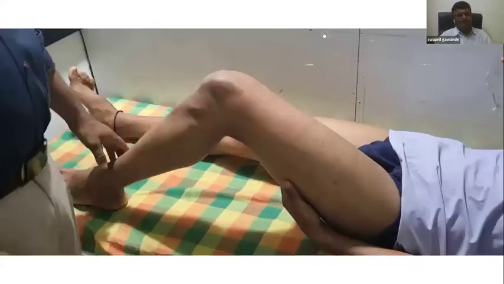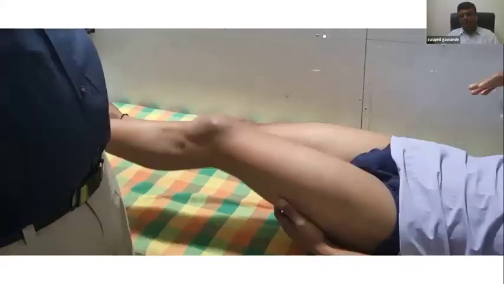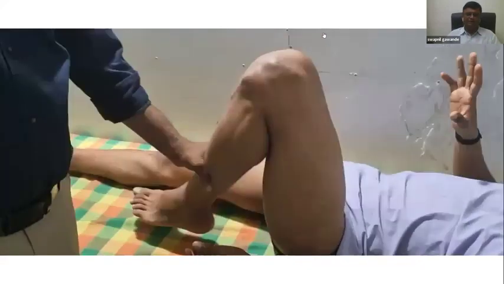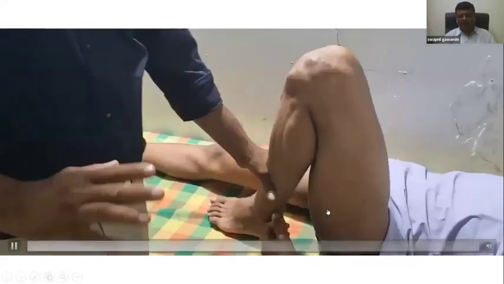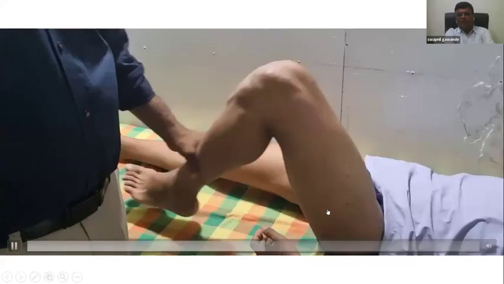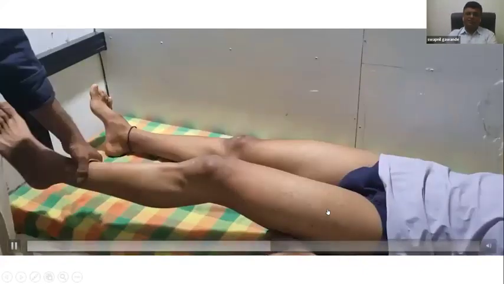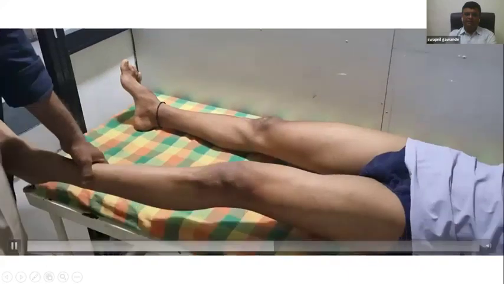You can see the movement of them. Now you can see that he can completely flex the knee. Now he is telling that the pain has been reduced from 10 out of 10 to 5 or 6. So it means that half the pain has been reduced.